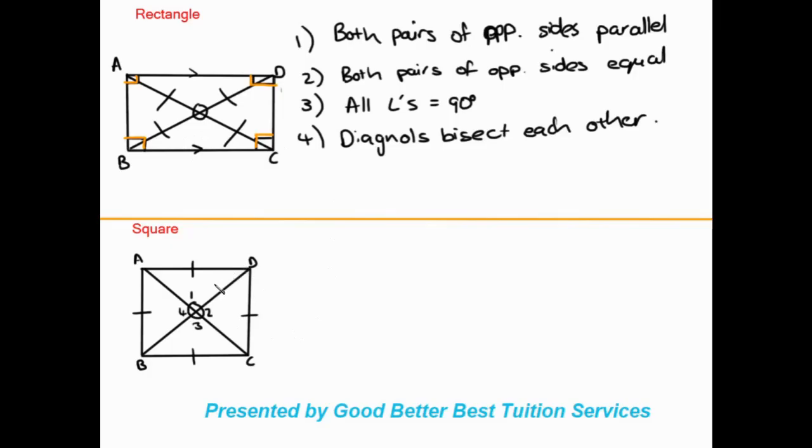Moving on to our square over here. Same like the rectangle, we're very familiar with the square, so we know some of these properties already, but I'm going to go through them anyway. So both sets of opposite sides are parallel. Cool.